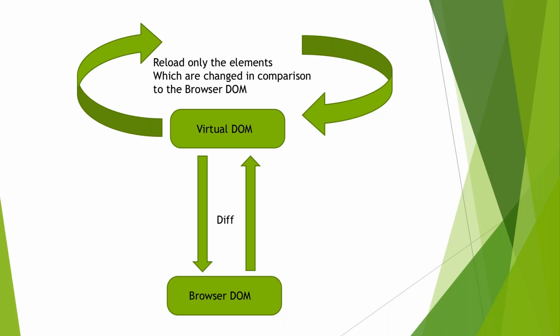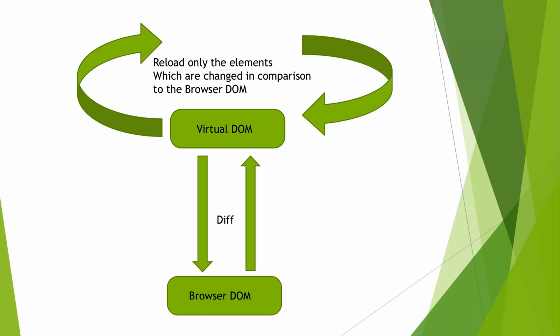Okay, that is the biggest plus point of using React. It will only reload components that have changed from the browser DOM at that point of time. Okay, if there is something which is still the same as it is in browser DOM, it will not be reloaded. Only those things which are changed will be reloaded by React.